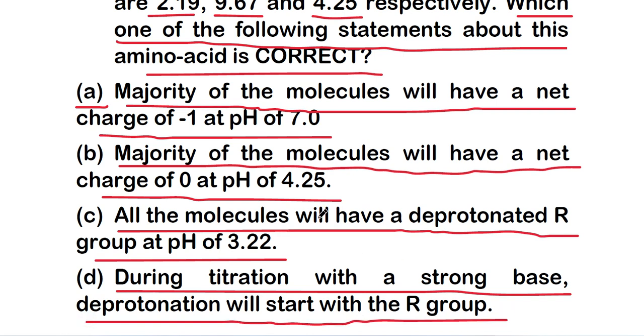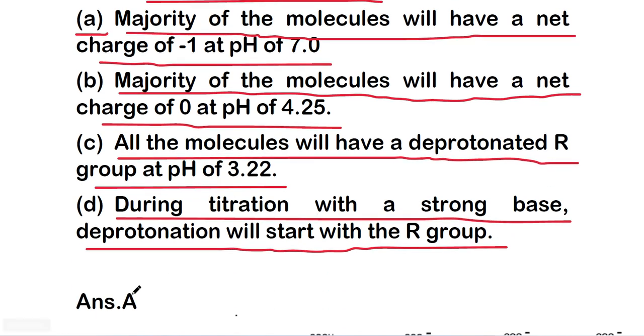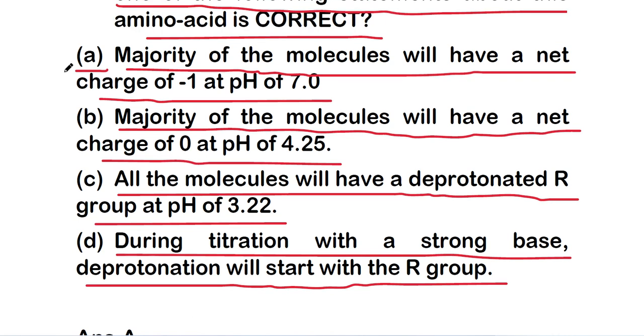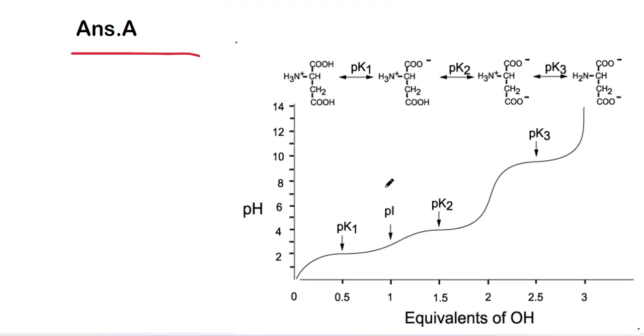So what is the right answer? The right one is option A, that is majority of the molecules will have a net charge of -1 at pH 7. How? Here we can see.